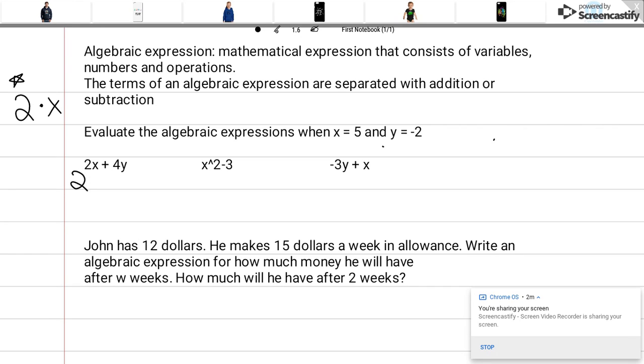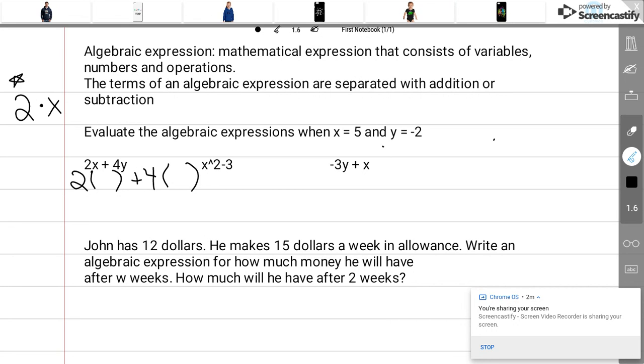I'm going to start by writing my 2, and open a set of parentheses because I'm going to have to substitute a number in there. I'm going to use a different color for that. Plus 4y, and again, some parentheses. Let's change colors. Let's go to red. My value for x is 5, so I'm going to put a 5 here.